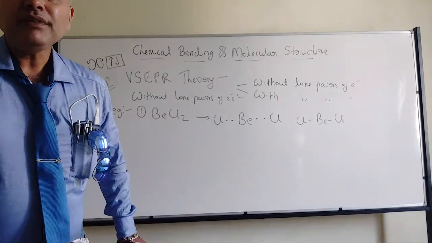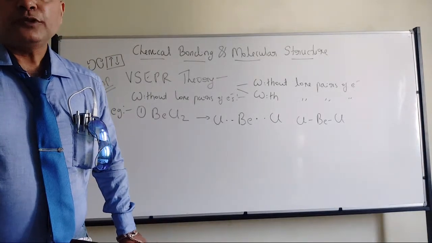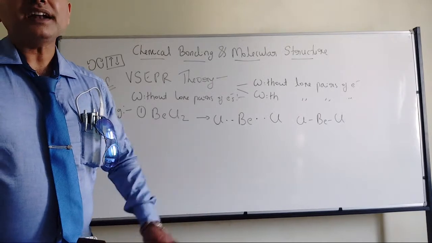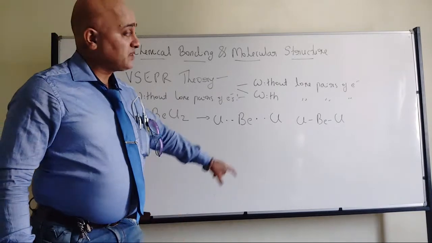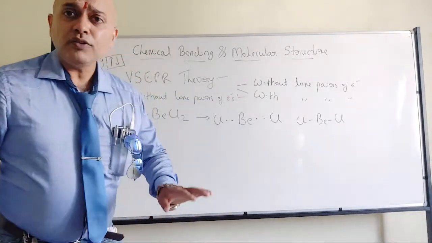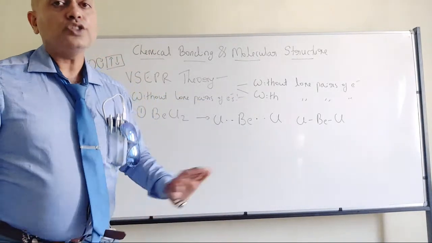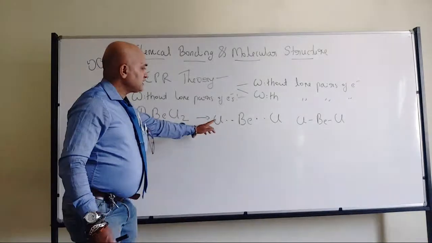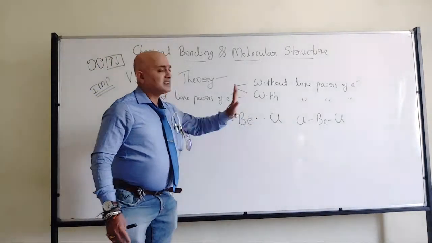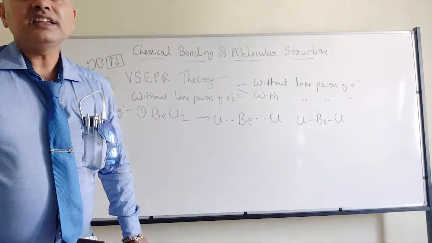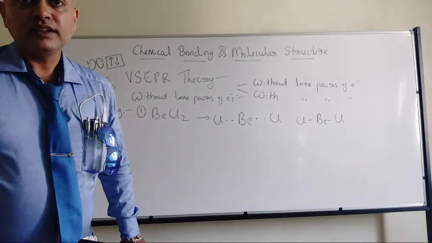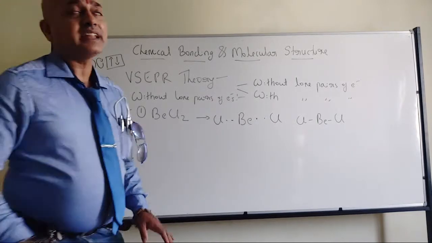But beryllium is the central atom, with 2 chlorines attached. Does beryllium have any lone electrons left over? No. It has 2 valence electrons, and both are utilized in making bonds with the 2 chlorine atoms. So there is no lone pair of electrons.